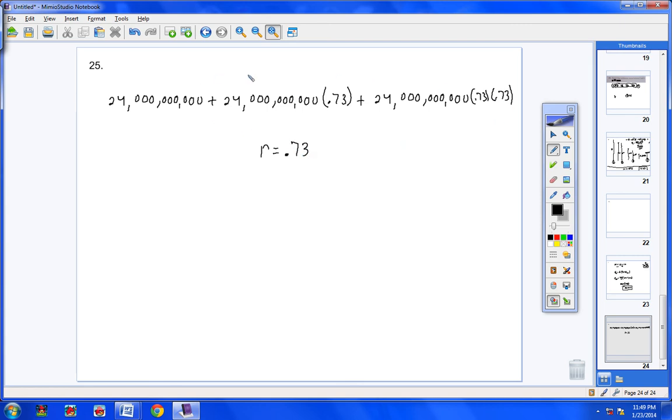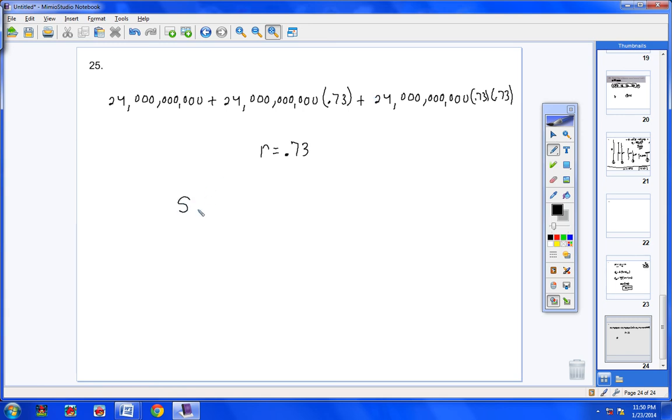Now when it says give the total effect on the economy, it wants us to add up all of these numbers. The only problem is, do you notice in this situation they don't tell us how many terms or how many years, so we have to figure this out. Okay? So it's an infinite series.